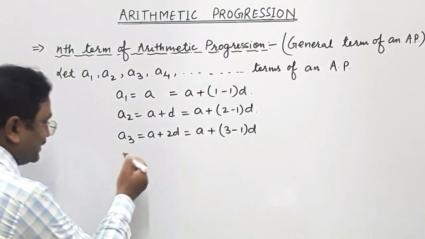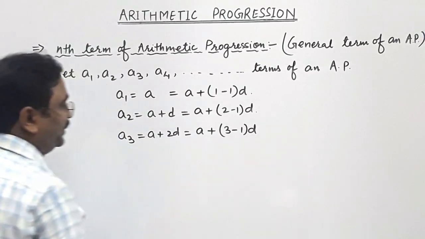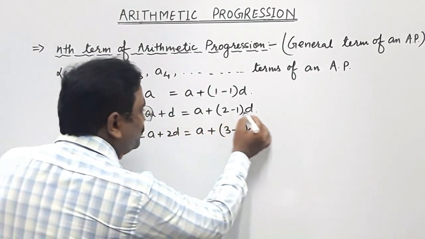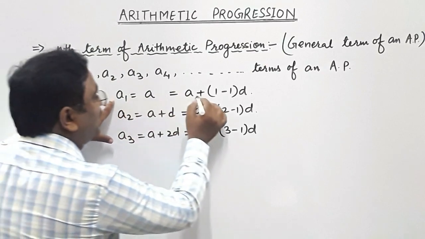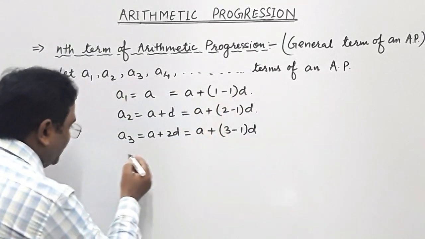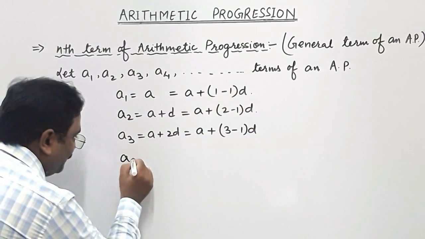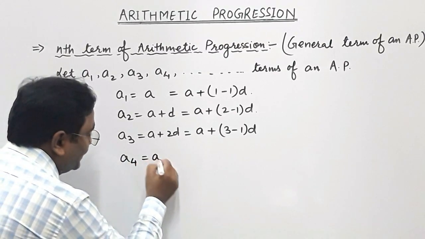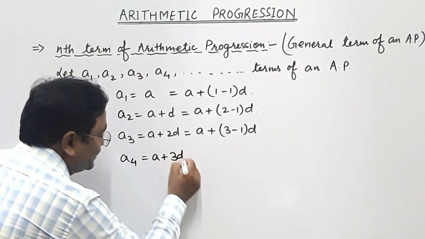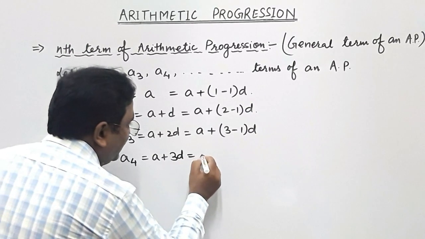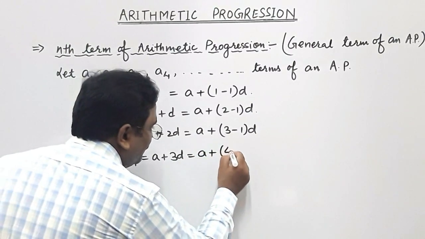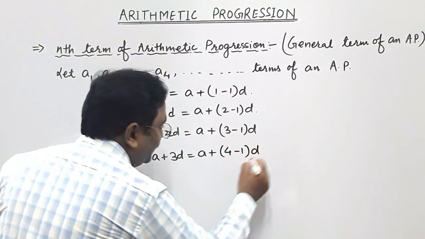As a3 is a plus 3 minus 1 into d, a2 is a plus 2 minus 1 into d, a1 is a plus 1 minus 1 into d. So similarly a4 is a plus 3d, therefore it can be written as a plus 4 minus 1 into d.